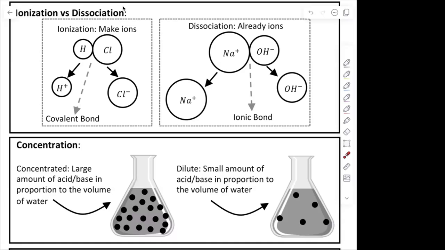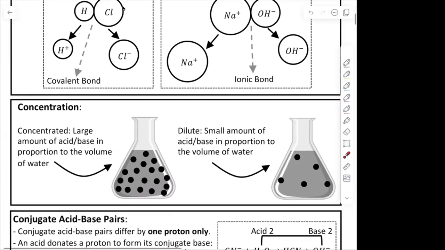So I've got a lot of moles per volume of my solution, versus dilute, where I've got a small amount of acid or base, or moles of my substance, per volume of my solution. So concentration just talks about how many parts I have per volume. High concentration, or concentrated, means many parts. Dilute is a small concentration, few parts per volume of my water.